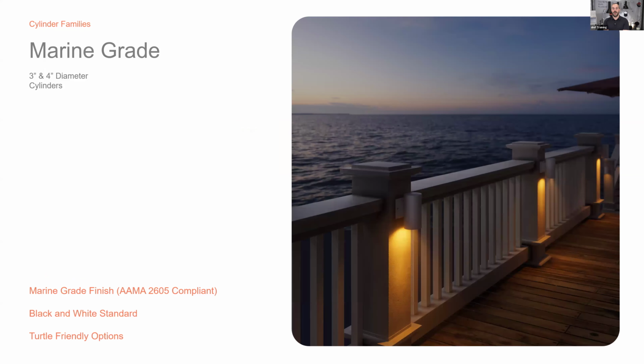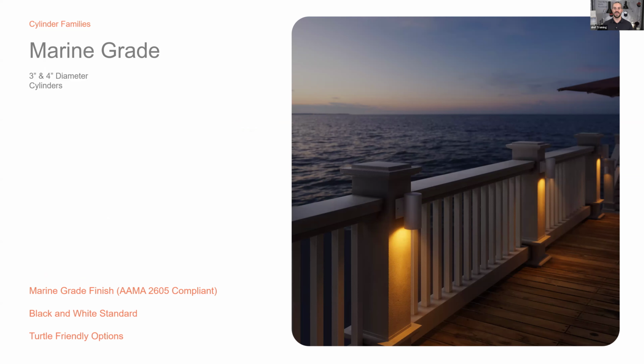We also do have some new marine grade options for these cylinders, like I mentioned before. So these are finished to the AAMA 2605 specification. So it gives you a very durable marine grade finish available in a black or white standard finish. And then we do have in these options turtle friendly lighting modules as well. So great for those coastal areas that need it.